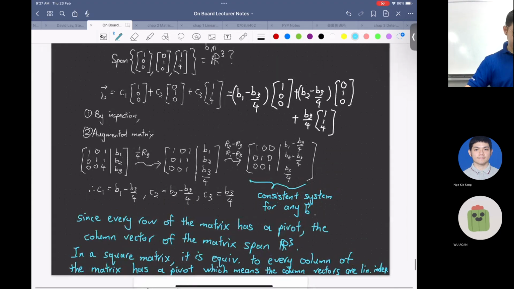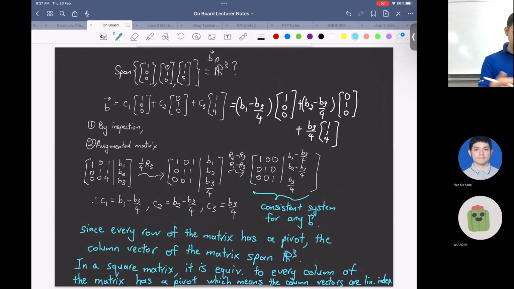Okay, so they are linearly independent, so they form a basis.